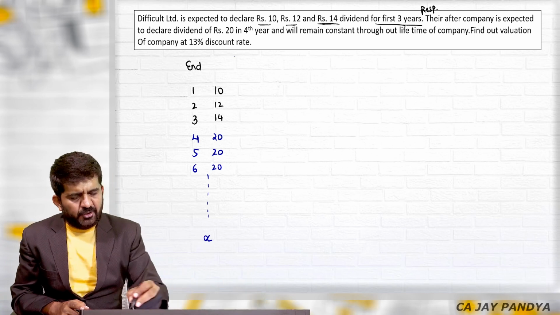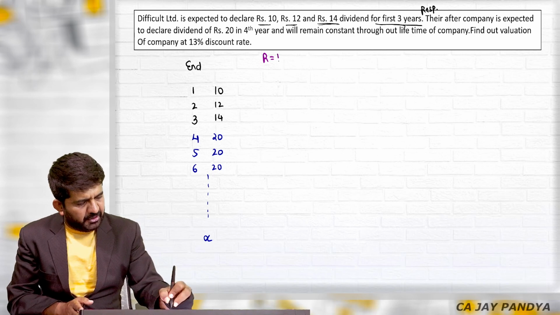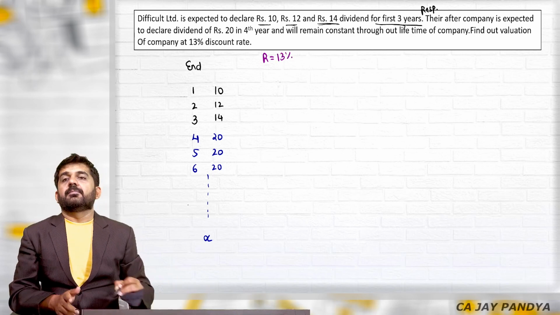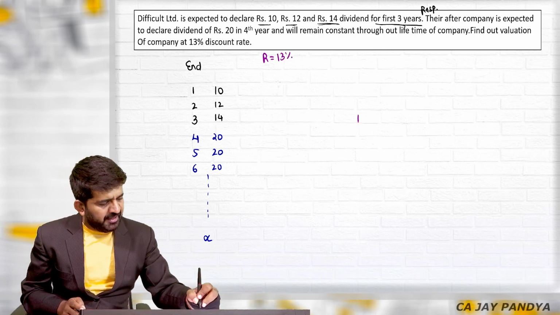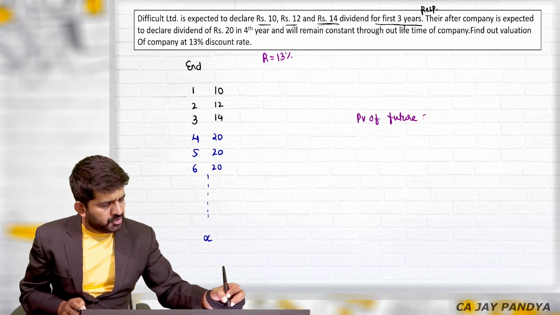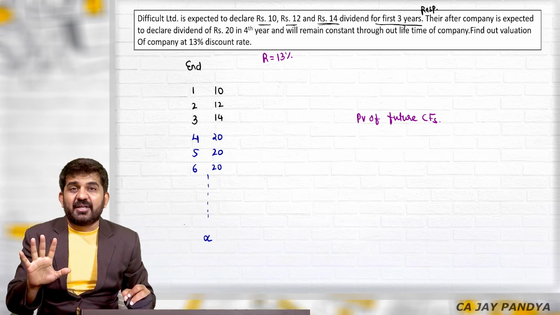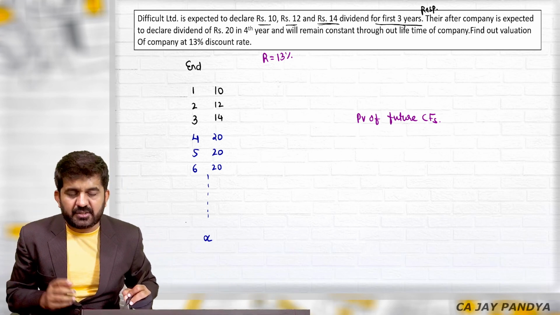Find out the valuation of the company if the required rate of return or discount rate is 13%. How to find out the value of the company? Present value of future cash flows. Please understand, I will be dividing this question into two parts.